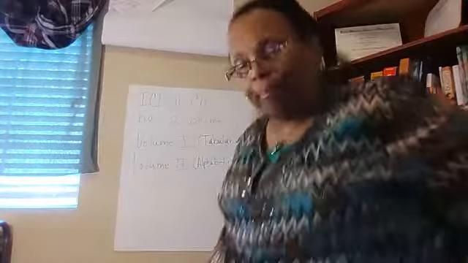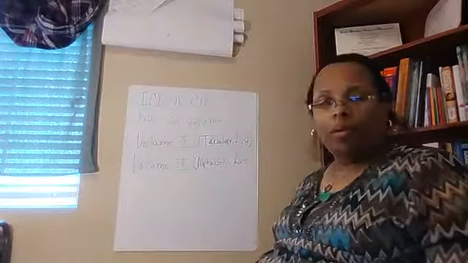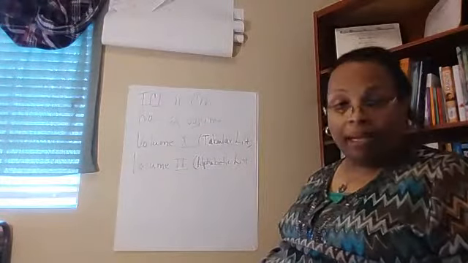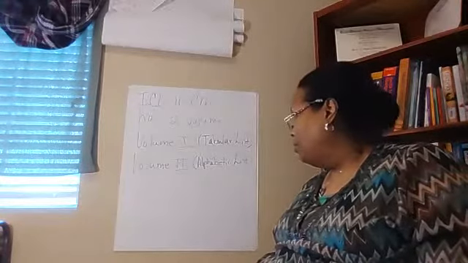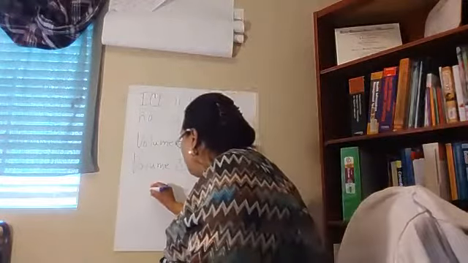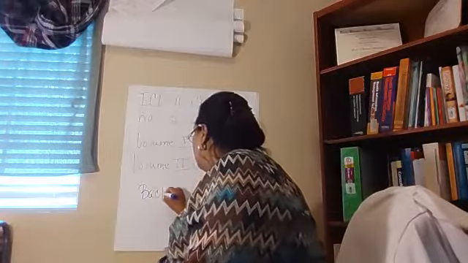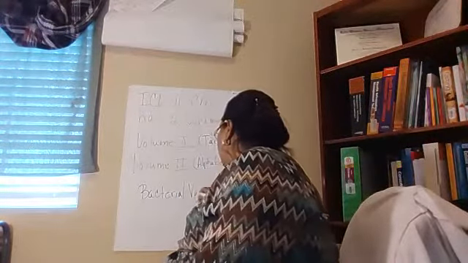Okay, now, volume 1 is tabular list. Volume 2 is alphabetic list. Which one, if you were going to search for a disease, bacterial vaginitis?